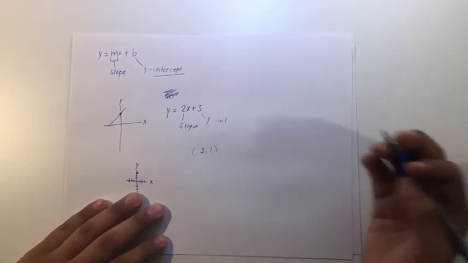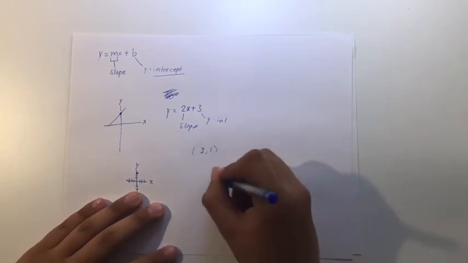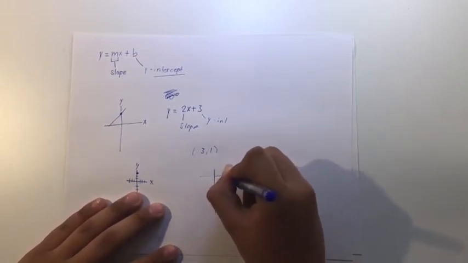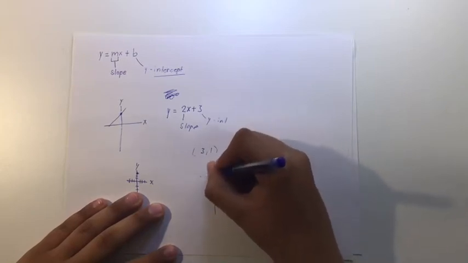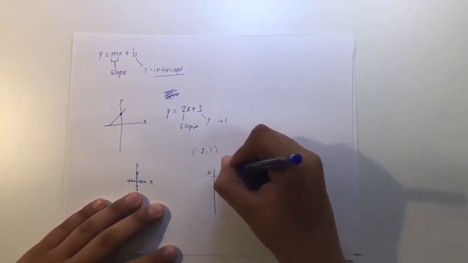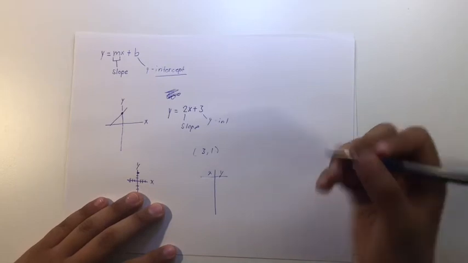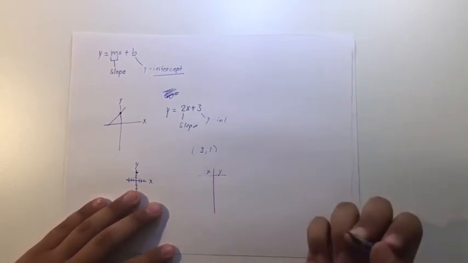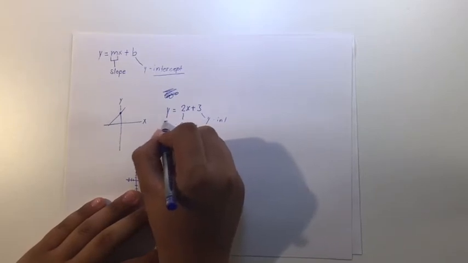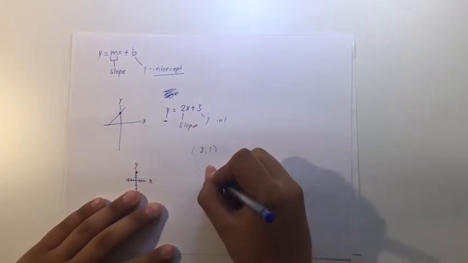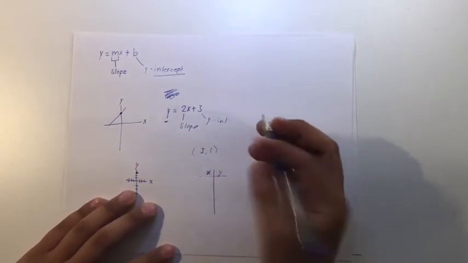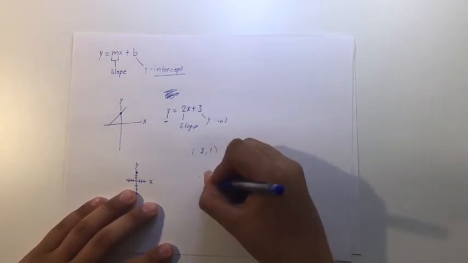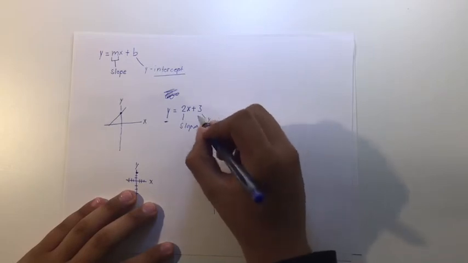And sometimes you can just make a table, x and y. When you use a table, you plug in values to make this equation true. Say x is 1.